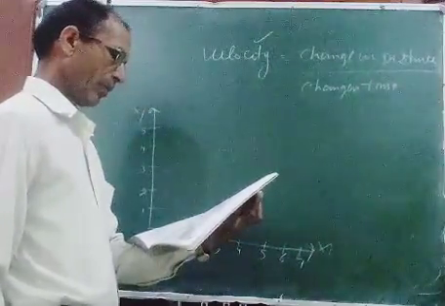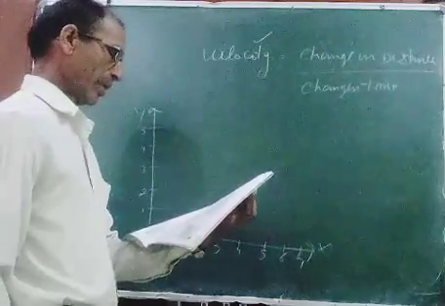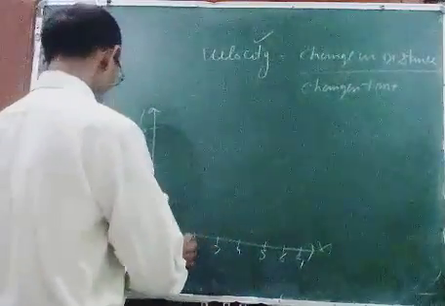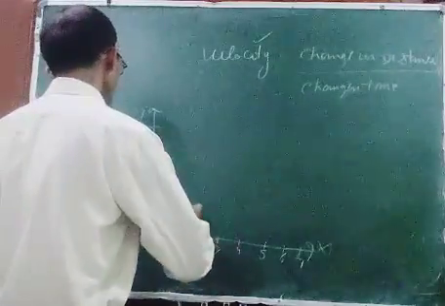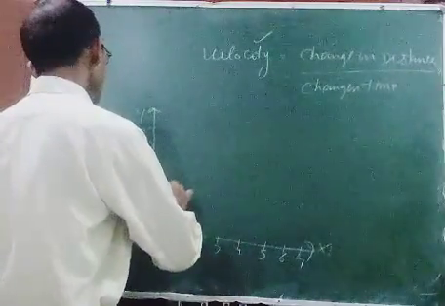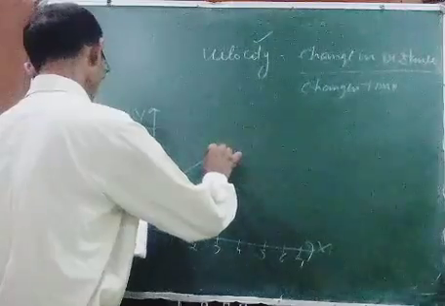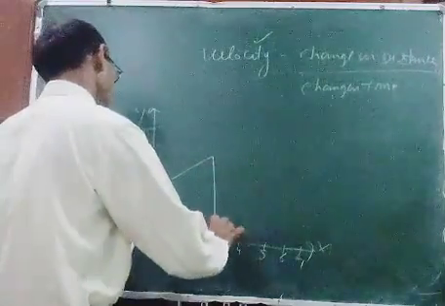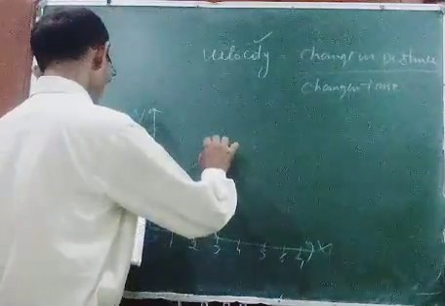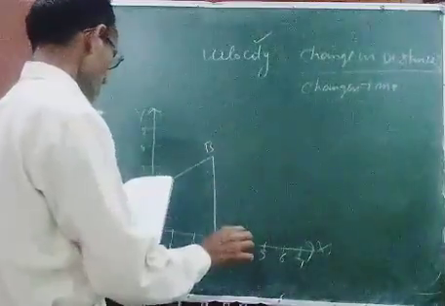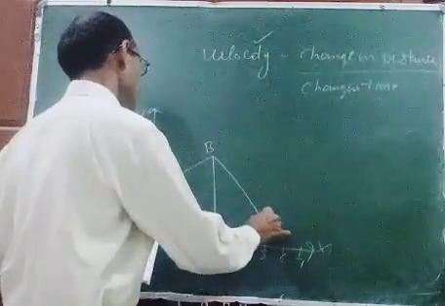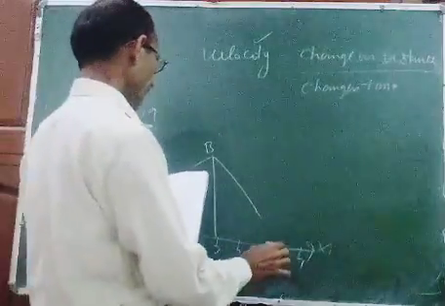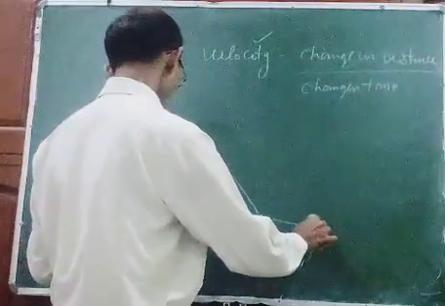So this is a graph. B is 3, A is 2, here is B, here is C, here will be like this.